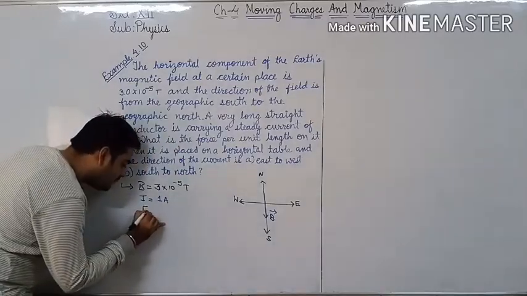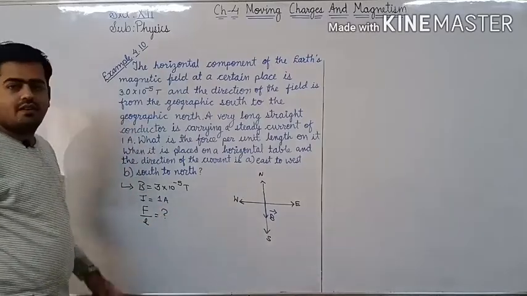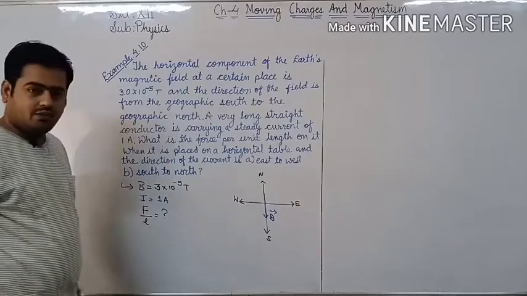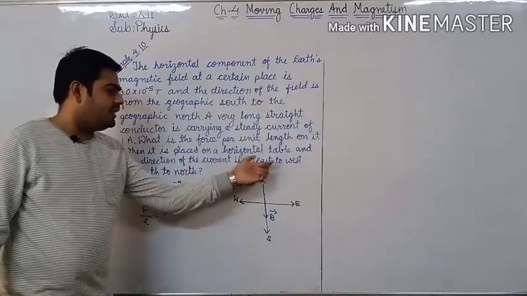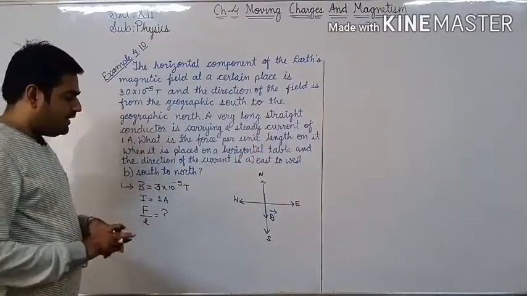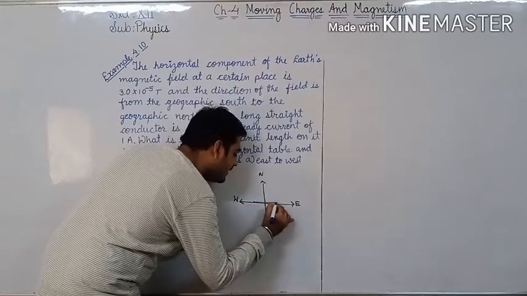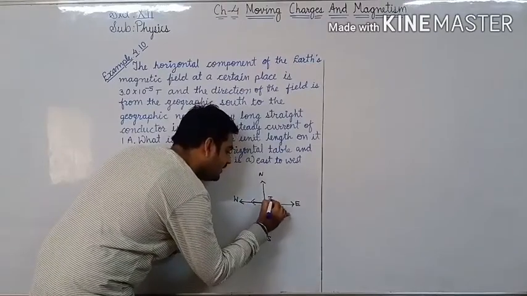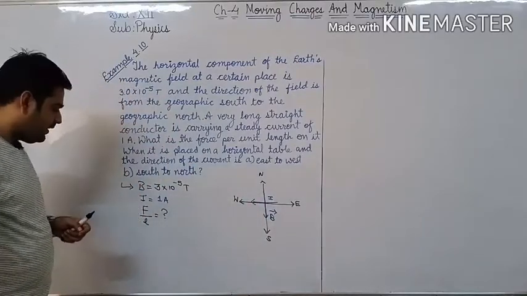It means F by L. Force per unit length we have to find, when the direction of current is first east to west. When current is flowing from east to west, it means in this direction. This is the direction of current, east to west.